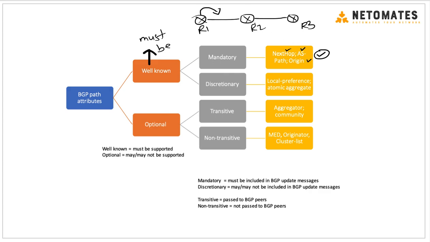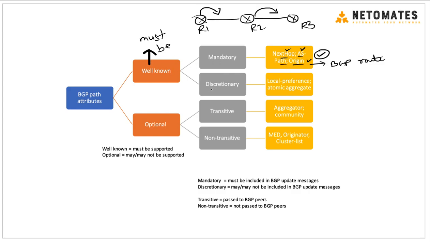When R2 receives it, it must understand it because it's a well-known attribute. And mandatory means whenever it is sending this route to another router, it needs to include that information. So you should see these attributes for any BGP route.